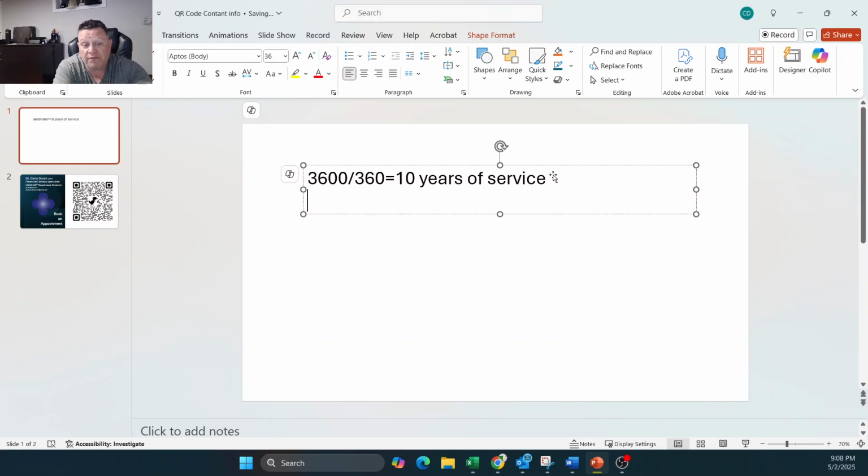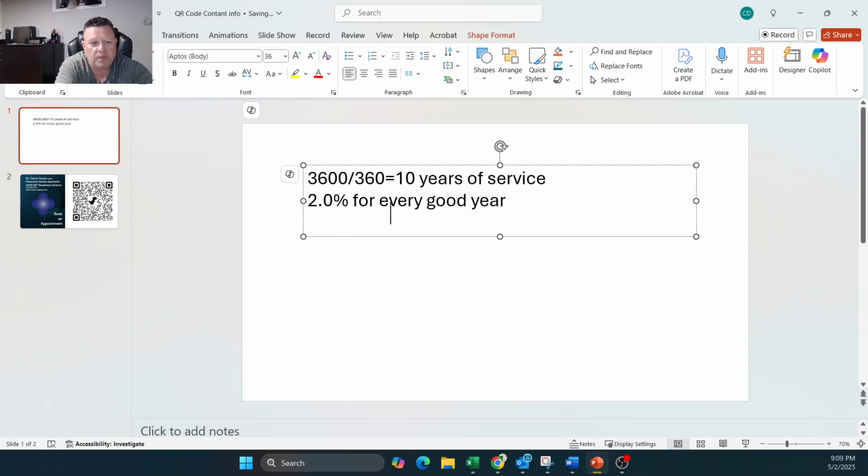Then for every good year of service, if you were in BRS, the Blended Retirement System, you get 2.0% for every good year. You got 10 good years, so that's 10 times 2%. Let me put it in my calculator. You guys can probably do this in your head, but it's late and I just don't feel like it.